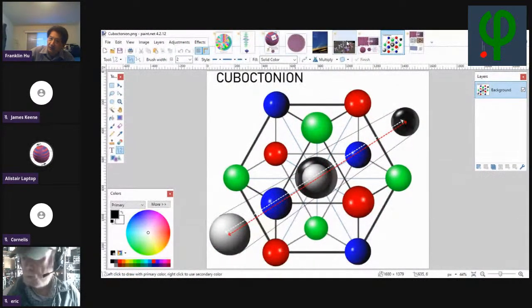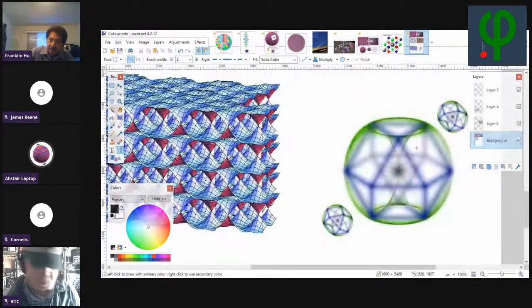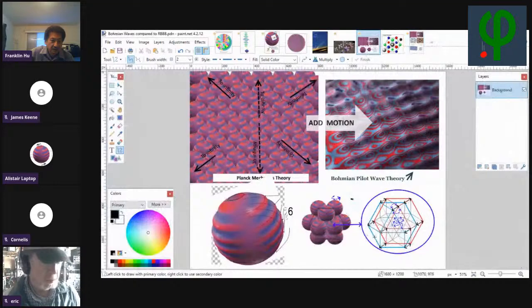A cuboctahedral based universe, when it's in balance, is 12 pressure channel balance points, I guess is the best way to put it. If you measure from here to here, it's the same as from the external to the center, right?